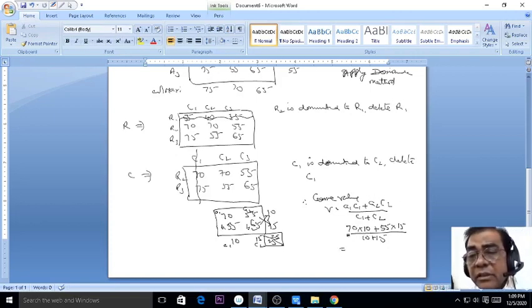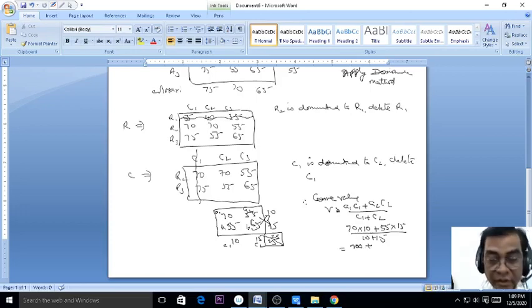So 700 plus 55 into 15 is 825, divided by 25. 825 plus 700 is 1525, divided by 25. 1525 divided by 25 is equal to 61. So this is the value.